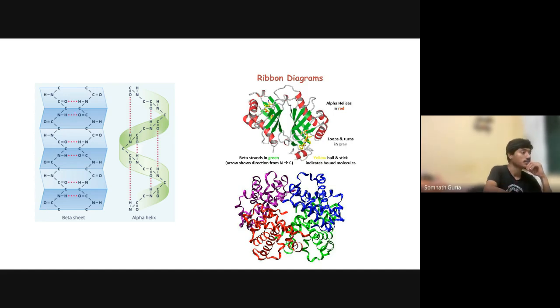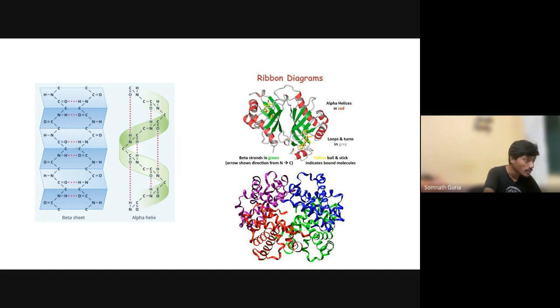Now this amine NH has a hydrogen bond to a nearby strand of the peptide chain. That is how the propagation happens continuously and makes a sheet kind of structure. This is called beta sheet.